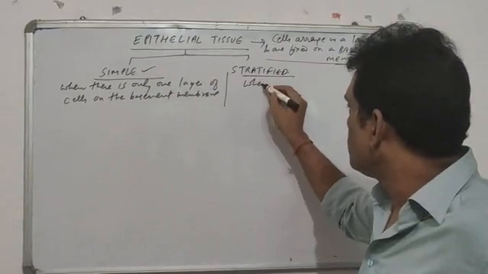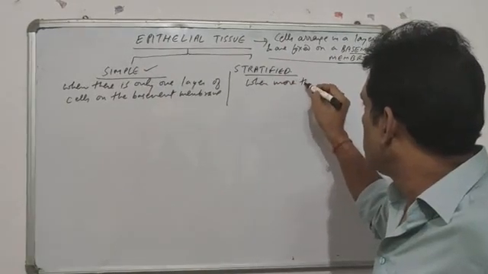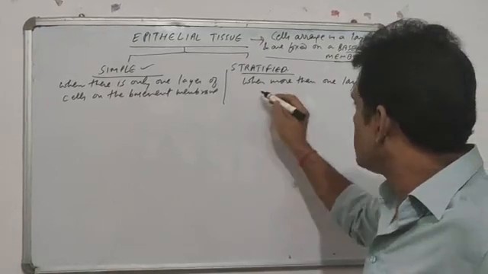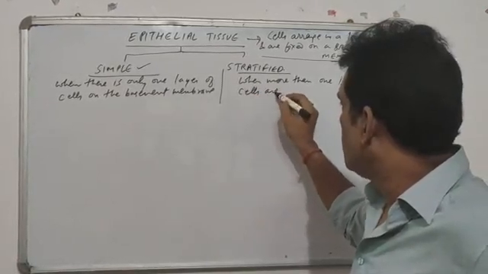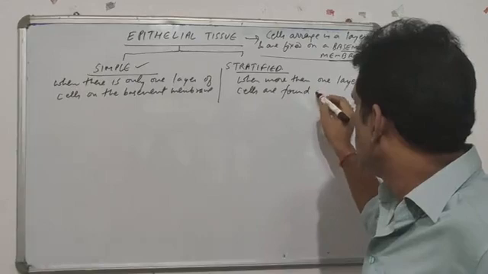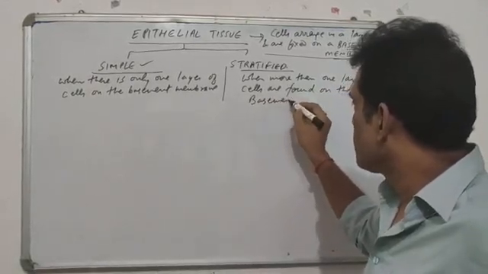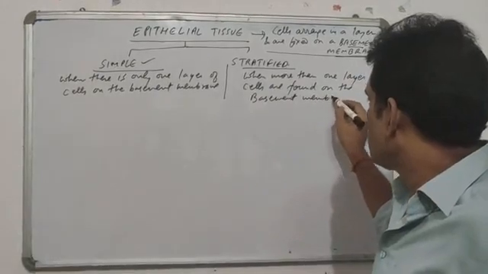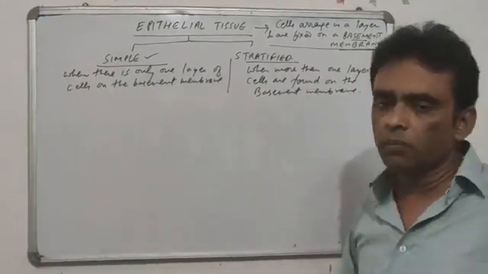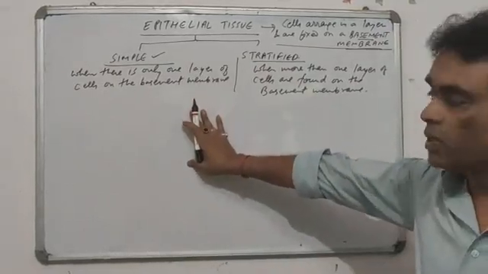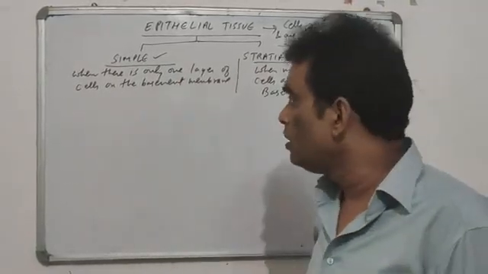Stratified is when more than one layer of cells is found on the basement membrane. So more than one layer of cells present on the basement membrane is called stratified, and only one layer of cells on the basement membrane is called simple epithelial tissue.